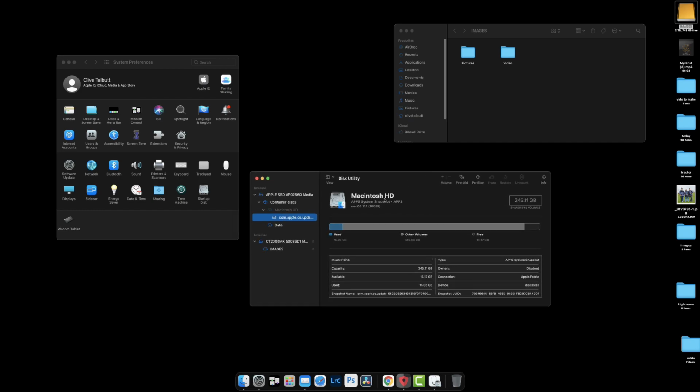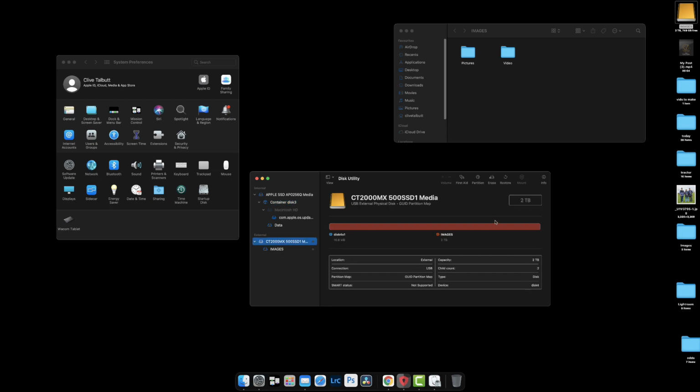We've got the internal drive, which as you can see is 251 gigabytes, and it's only got a small 89 free at the moment because I've loaded a load of things which I'll go into in a minute. And then the external drive, which is 2 terabytes, is currently sitting at about 1.25 terabytes used.